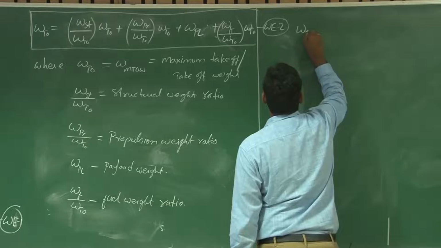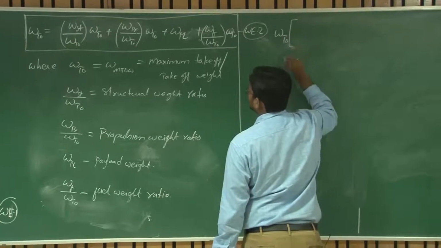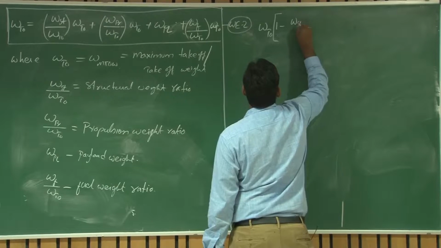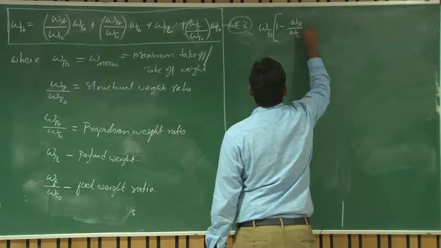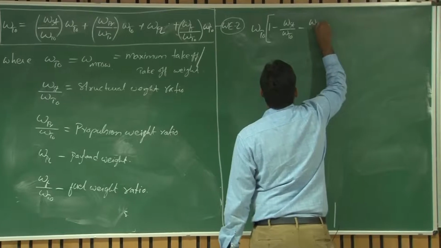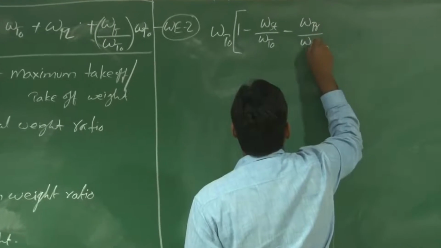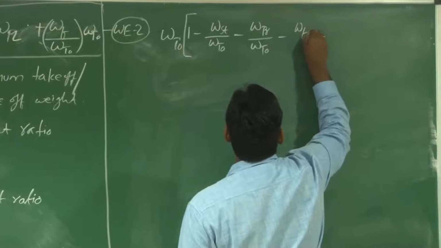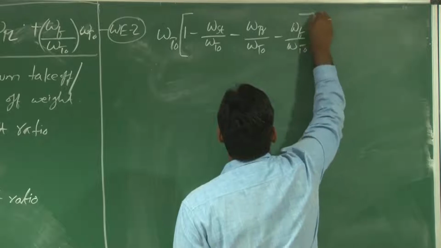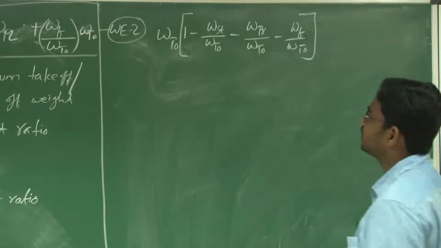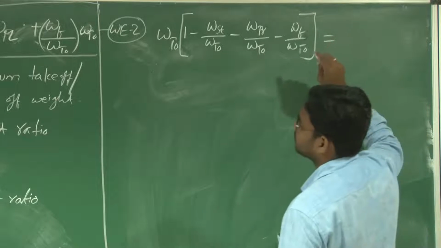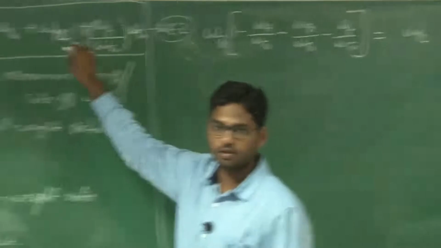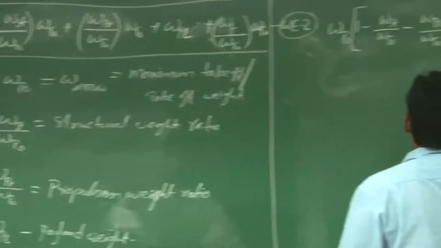Right. So W takeoff into 1 minus structural weight to overall takeoff weight, minus propulsion weight to W takeoff, and fuel weight ratio here, minus fuel weight ratio is equal to, what we are left with on the right hand side is the payload, weight of the payload.